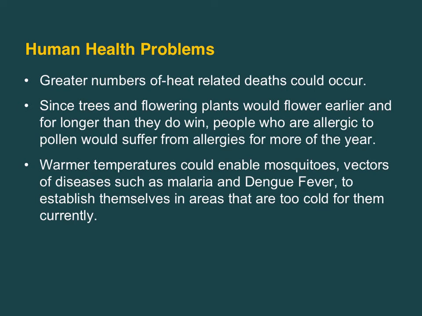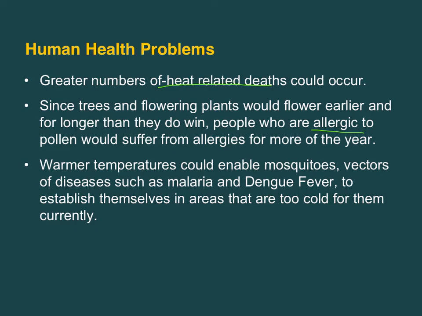As we would see temperature go up, we could see more heat-related deaths. We could see more problems from allergies. Now, like you were talking about, all these doomsday things, and here I am bringing up those people with allergies who might be sneezing a few months earlier and suffer from allergies more of the year, and wow, what a consequence of global warming.